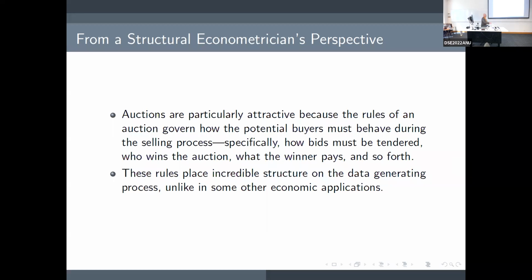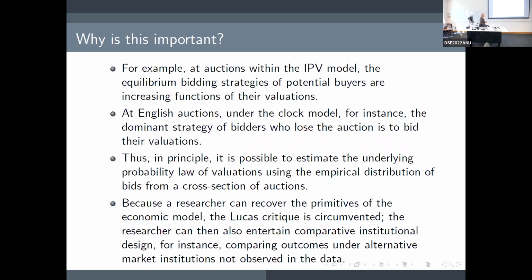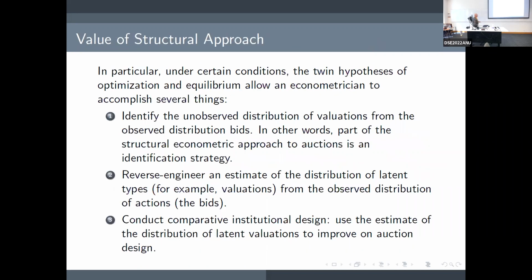And so I find that helpful. I think I went too far. Okay, so what is the value of this structural approach? Well, under certain conditions, the twin hypotheses of optimization and equilibrium allow you to identify the unobserved distribution of valuations.